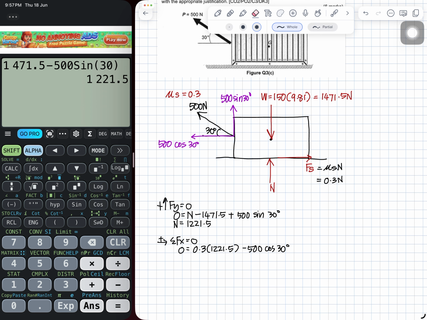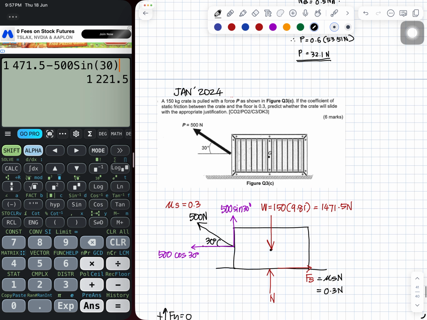Or maybe we can just put it here, Fs minus 500 cos 30, because there is no unknown left, right? We already found the value of N, and the P is also given, right?